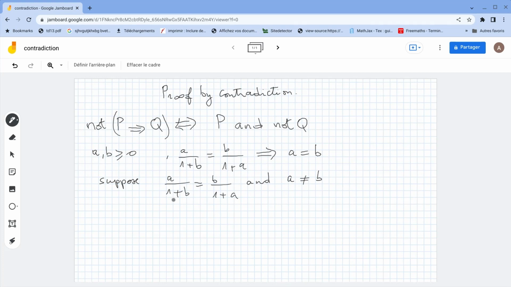So here I multiply the two members of the equality by 1 plus B and 1 plus A. 1 plus B and 1 plus A are different from 0 because B is positive, and when I add 1, B plus 1 is strictly positive, then different from 0. 1 plus A also is strictly positive, so different from 0.